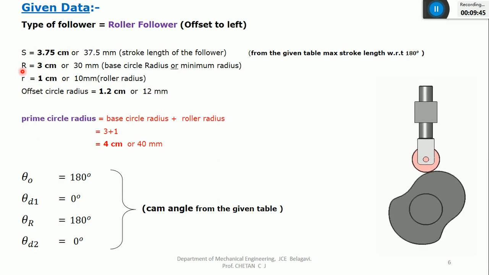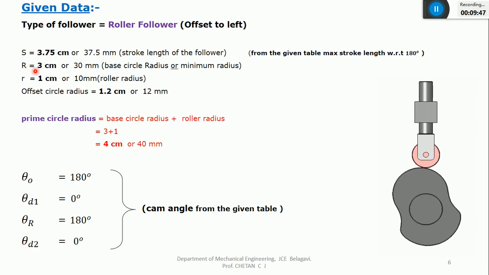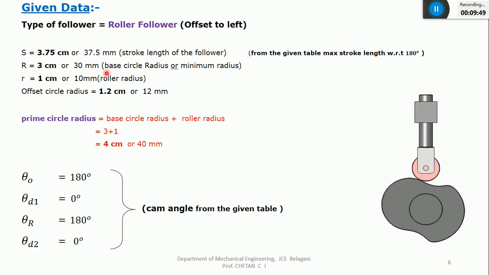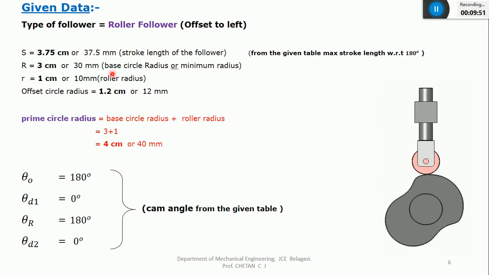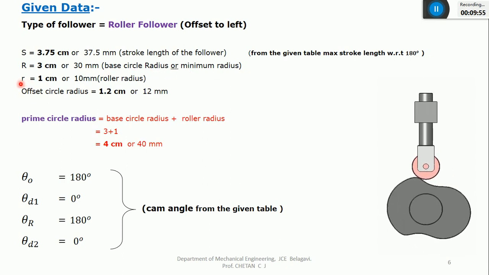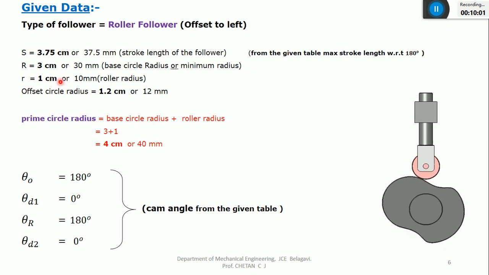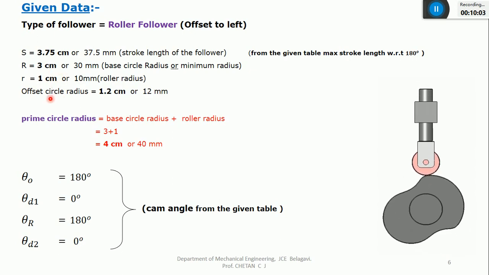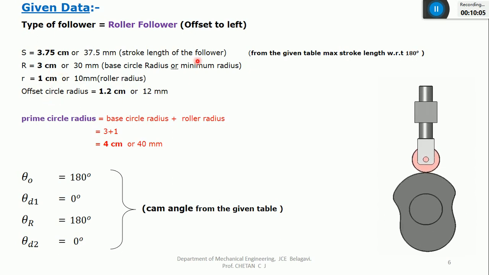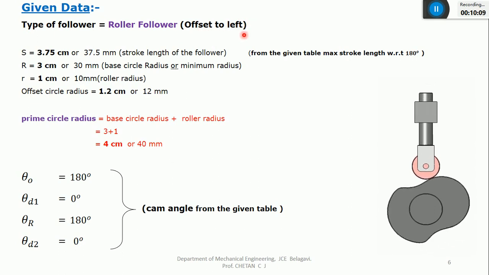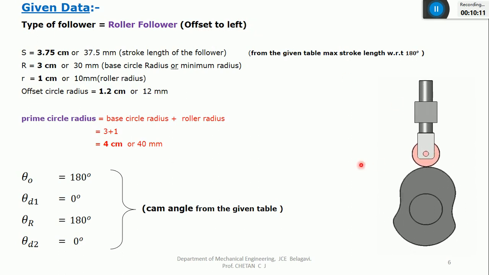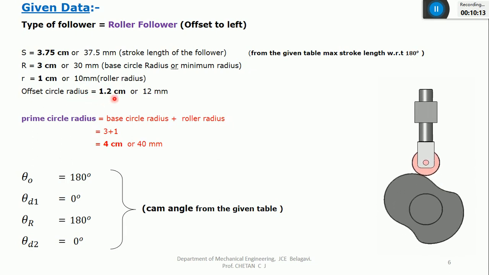And the base circle radius, that is capital R, is given as 3 centimeters. It is nothing but the minimum radius or the base circle radius. And the roller radius I'll take as a small letter r. It is also given in the problem as 1 centimeter. And you have to draw the cam profile for the offset type such that the follower will be towards your left by 1.2 centimeter.